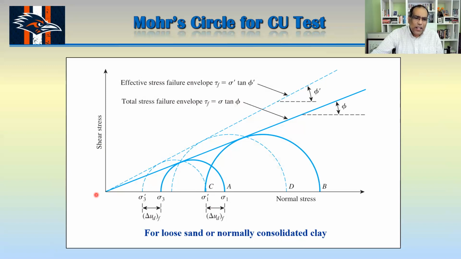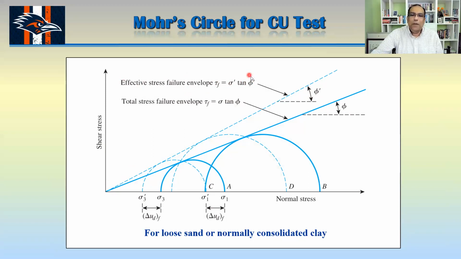Now, if you draw that solid line here, that's your phi in terms of total stress. And if you draw that dotted line with this dotted Mohr circle here, then you get your phi in terms of your effective stress. Okay, that's in terms of your effective stress.